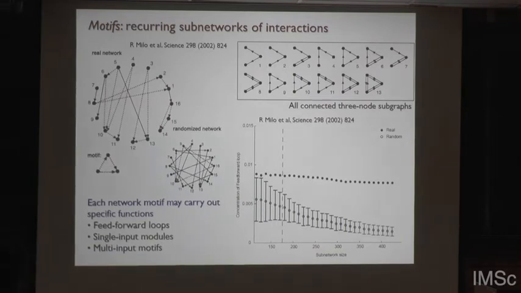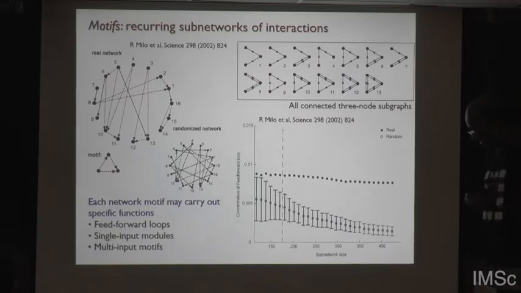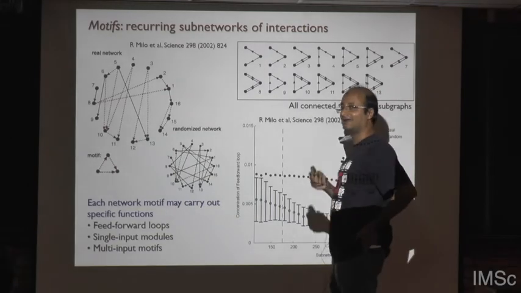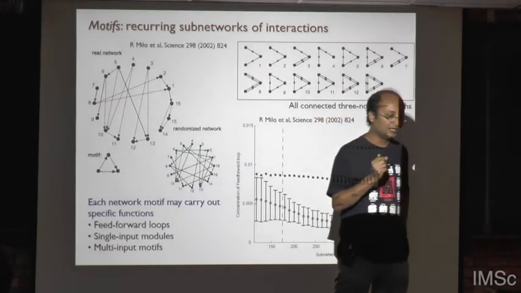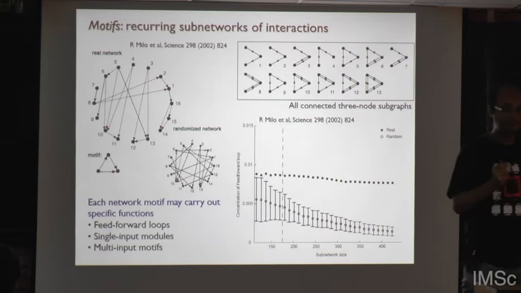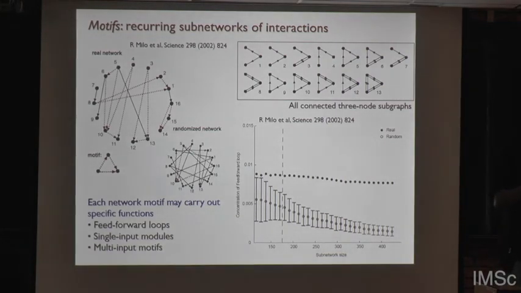So they suggested a very nice way of randomizing the empirical network you're interested in. So they said that, look, when you randomize a network, ideally you would like to keep the degree sequence of the network intact. So in other words, if in the original network node A had 10 connections, in the randomized network node A also has 10 connections. What has changed simply is who those 10 connections connect with.